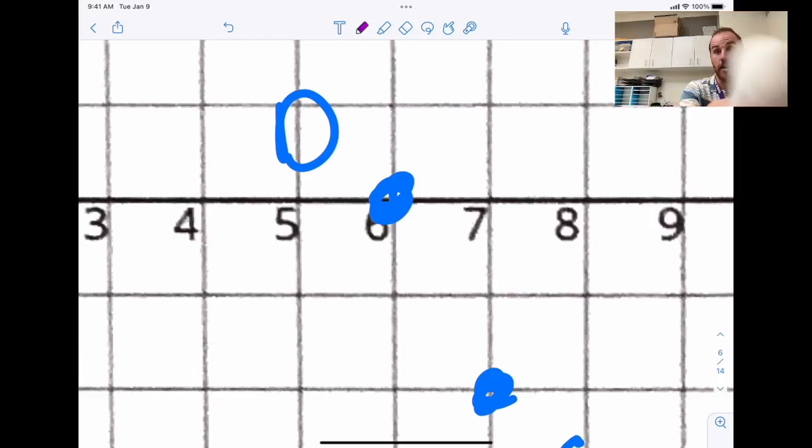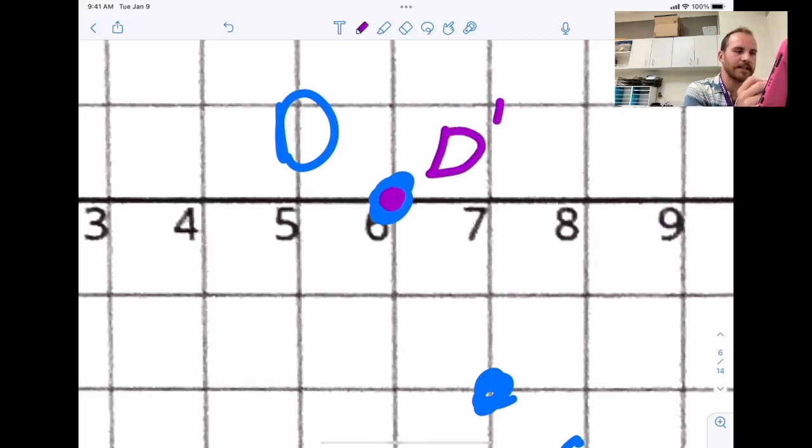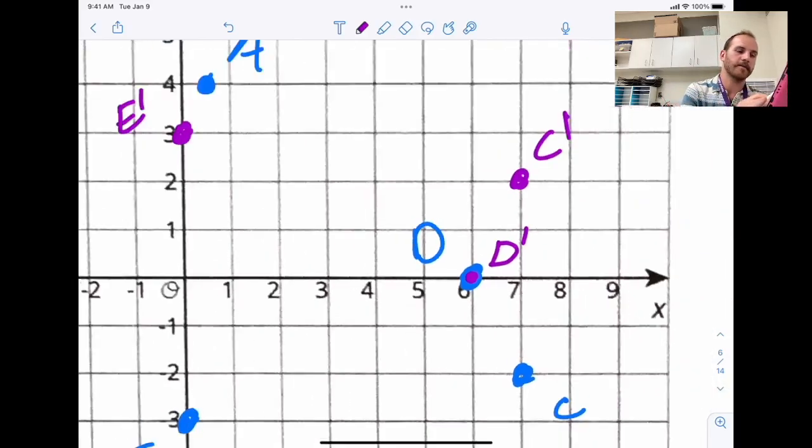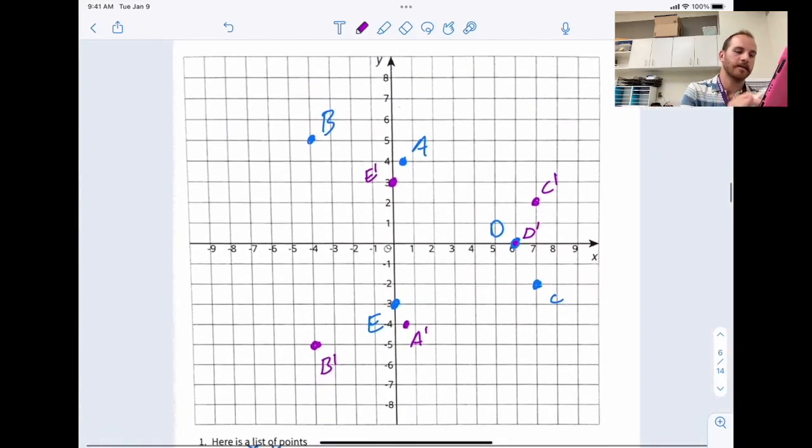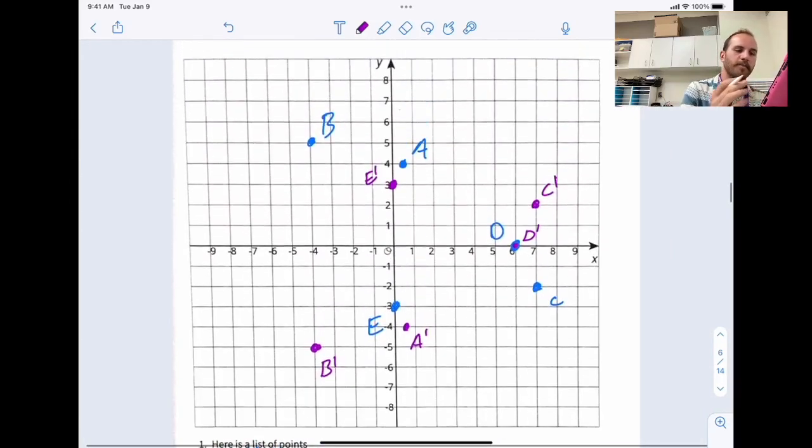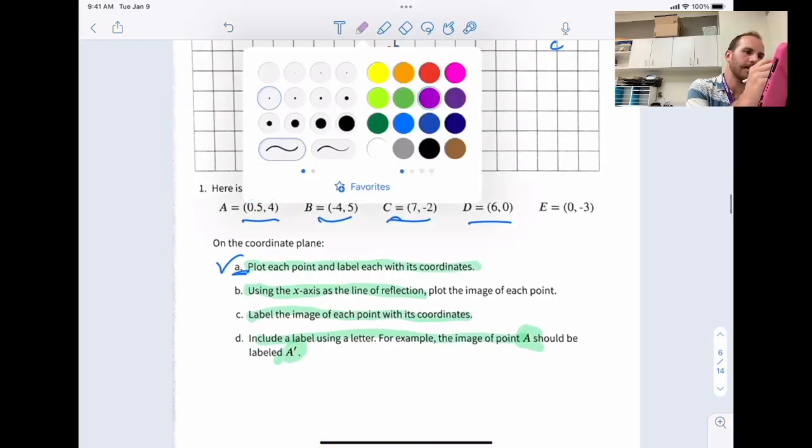Our D prime is going to be in the exact place that D is. A point that is on the line of reflection doesn't move, just like the center of rotation does not move. So we've gotten all of our prime points in the right spot. We can check that off.